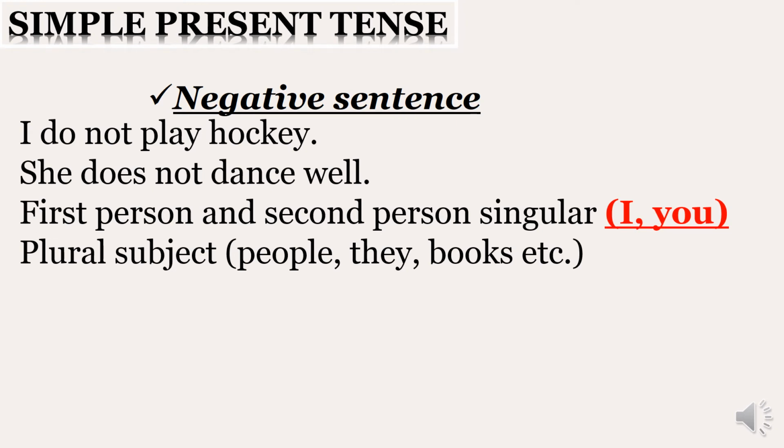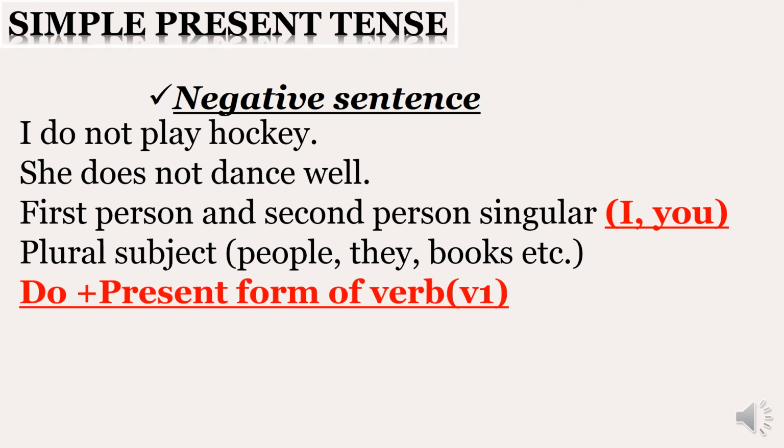We use do plus the present form of the verb. Keep in mind, whenever we use do or does as auxiliary verbs, that time we need not use any s or es or second or third form. We use the first form of the verb, or you can say the present form of the verb.